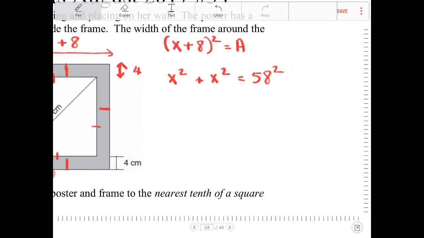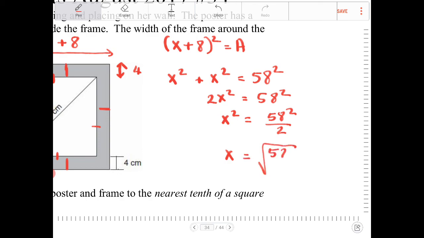Combining like terms, I end up with 2x squared equals 58 squared. Let's divide both sides by 2, and take the square root of both sides. So I end up with the square root of 58 squared over 2.